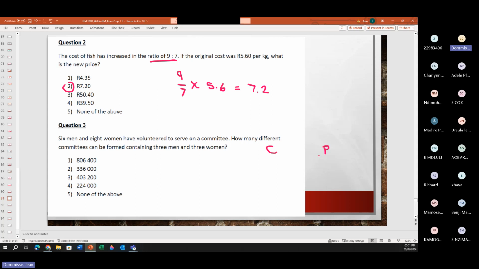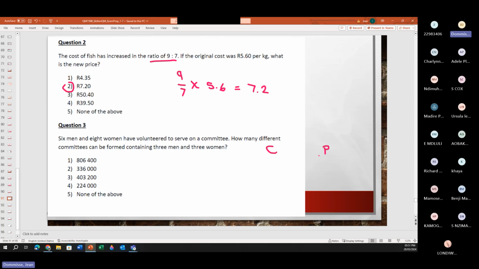Okay, so there's no ordering, no rank, no positioning. Because there is no order or rank, it's not permutation, but combination.